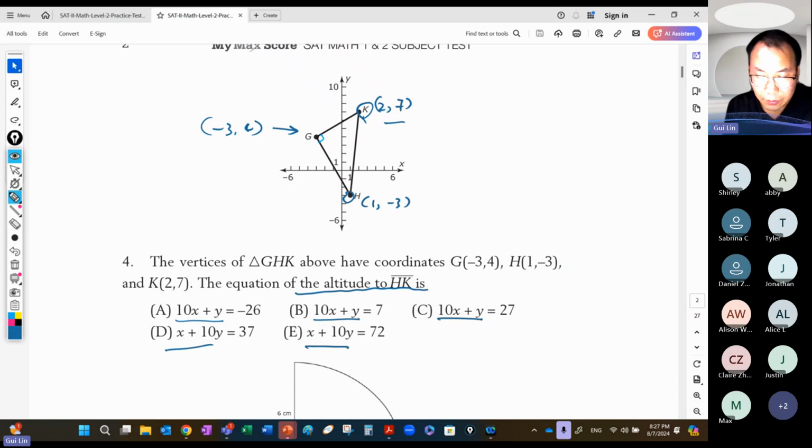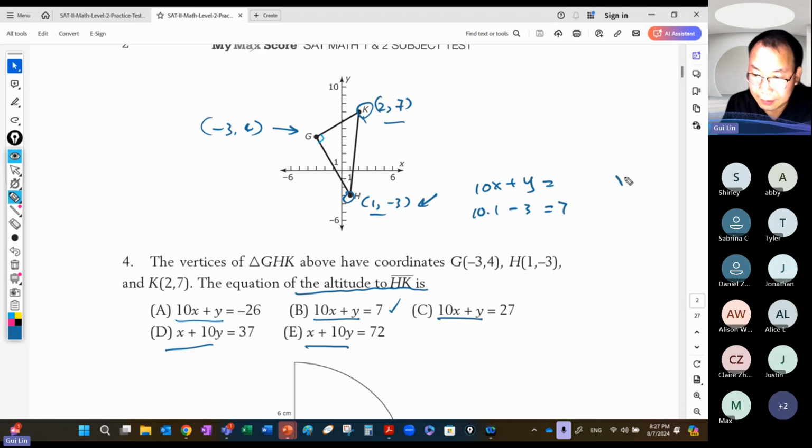At least this line only has a dot, so it should match. Let's put one of the points inside. So let's see 10x plus y. Let's use this point: 10 times 1 minus 3 equals 7. Well, one matches up, you got it.